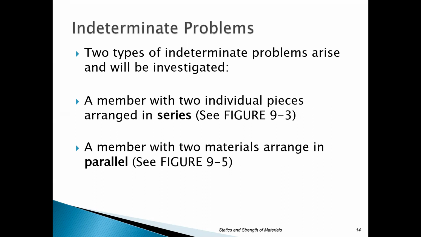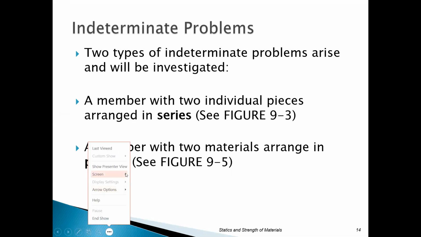Now, figures in your book, if you're referring to these, I want to show you some of these. Figure 9.3 shows you a pretty good example of what we would call a series problem. Let me just flip over. I'll just draw a real quick picture right away so you can see this too.